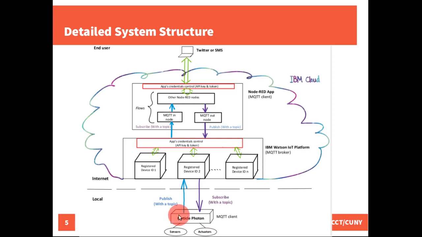The Particle Photon reads the sensor's measurements and publishes the sensor's readings to the cloud. On the cloud, we use IBM Watson IoT platform to register and manage the IoT device. The Watson IoT platform also plays the role of an MQTT broker.